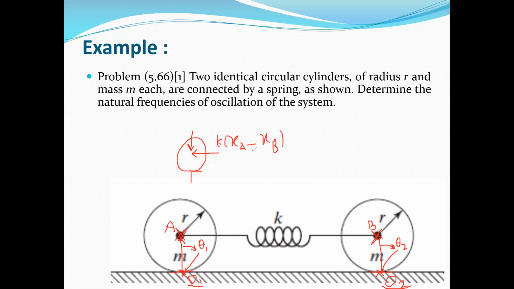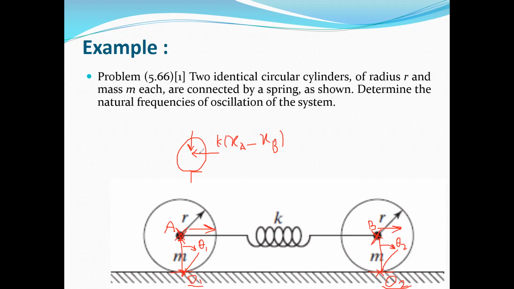This negative is because both point A and B are moving to the right. So at point A, the spring is under pressure. I mean, point A is putting a pressure on the spring, but at point B, we are pulling the spring. I mean, point B is pulling the spring.